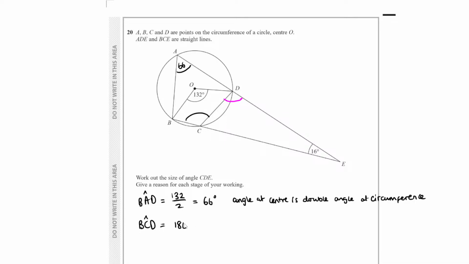Don't get mixed up with thinking it's the same number. It's not. They add up to 180. So that would be 114. And that would be opposite angles, and you'd have to say specifically, I think, cyclic quadrilateral.